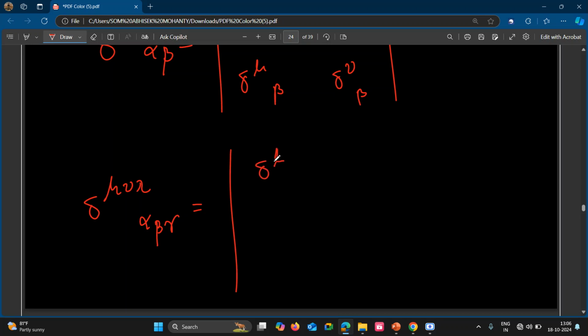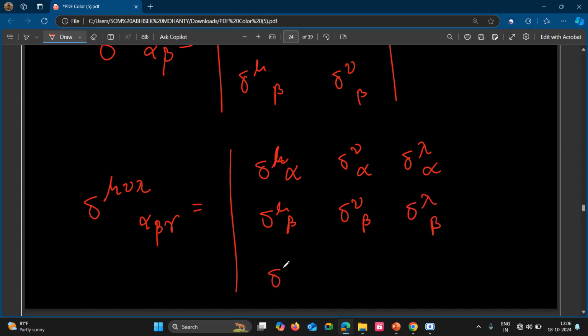delta mu nu lambda alpha beta gamma. Again, the first row is completely alpha, so I will just change the indices in the upper part: mu alpha, nu alpha, lambda alpha. Got it? Very simple. The second row will be simply beta: mu beta, nu beta, lambda beta. The third row will be completely gamma: mu gamma, nu gamma, and lambda gamma.